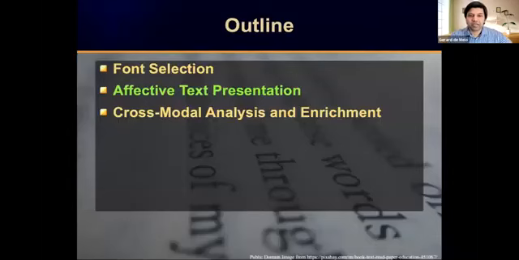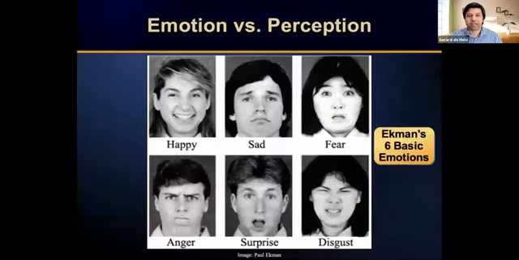All right, so this concludes the first part of the talk where I talked about font selection, and then the second part is about emotion analysis. And so one of the reasons for looking at emotions is that they are very fundamental to our human cognitive system.